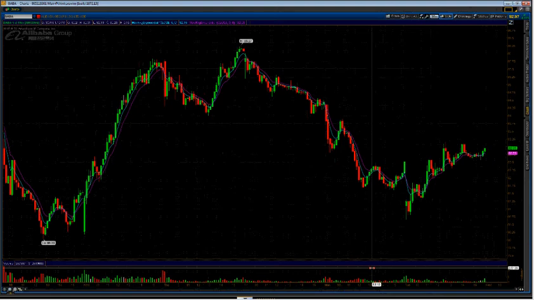Does the actual price even matter? No, there is no specific price that it has to close above or below. It's just got to do enough to make one line cross the other, right?